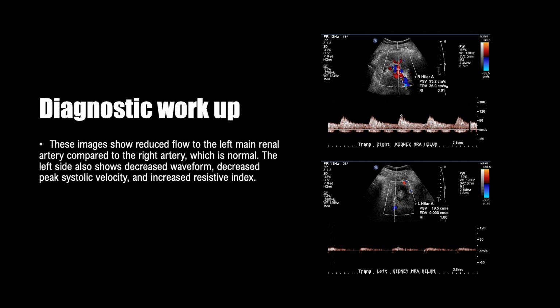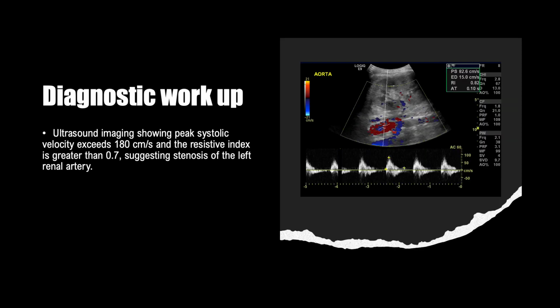This top image is showing you the right kidney, and the bottom image is showing you the left kidney. Here's another ultrasound image showing peak systolic velocity exceeding 180 centimeters per second, and the resistive index is greater than 0.7, suggesting stenosis of the left renal artery.